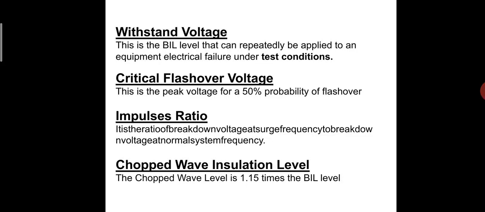The impulse ratio of any lightning arrester is therefore a function of the time duration of the transient wave. Next, chopped wave insulation level: the chopped wave level is 1.15 times the BIL level.